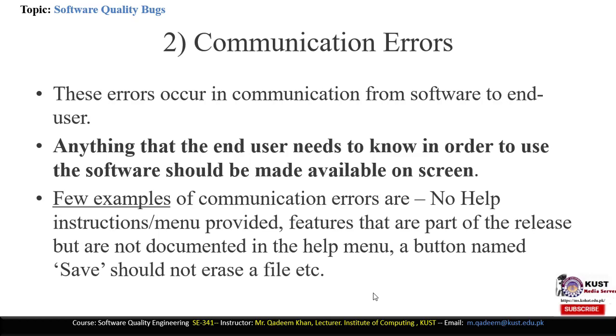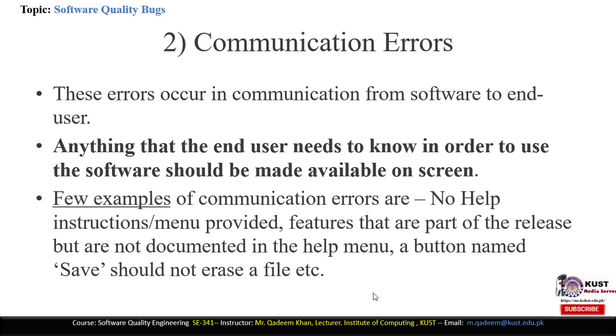For example, if there is no help provided to the end users, or the help instruction menu is not provided, or a feature that is part of the release is not documented in the help menu, then that communication has a problem.